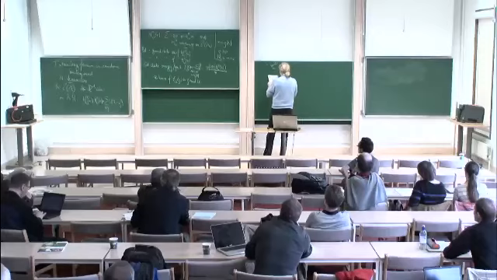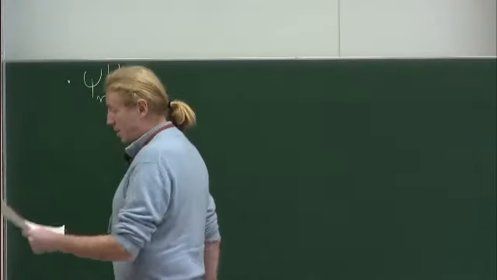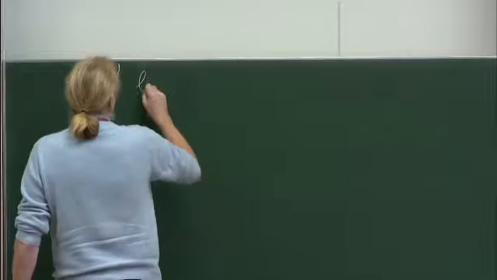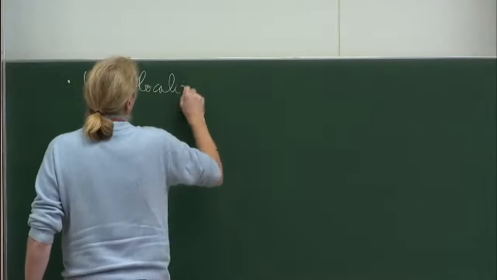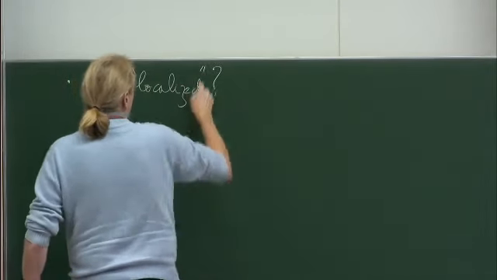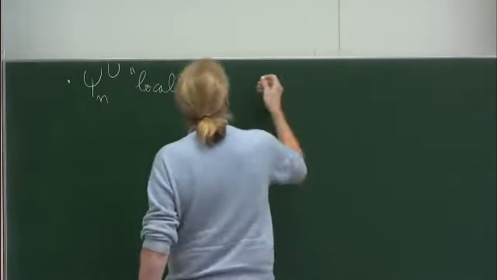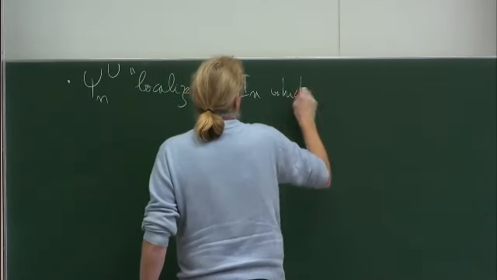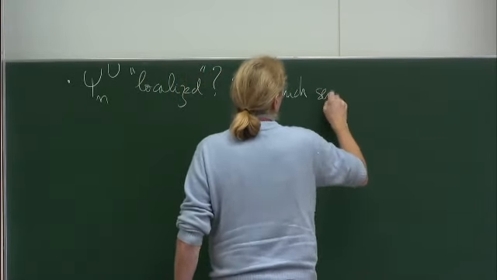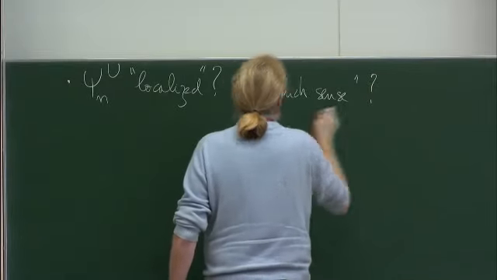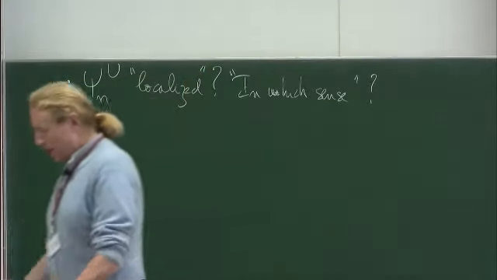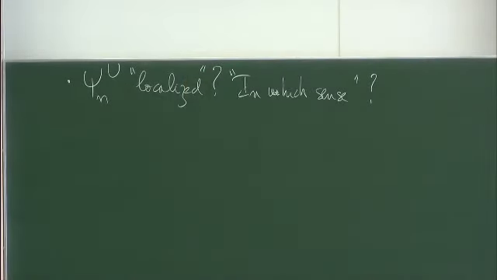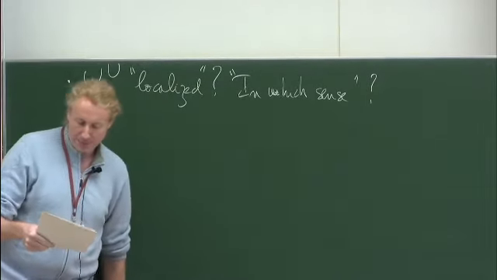It's not completely trivial that there is a unique ground state, that it is non-degenerate. And we'd like to understand whether this thing is localized, whatever this means. That's another question. Okay, so which is the second question I've put on the board? In which sense? What does this mean actually? And you'll soon see when I go over to the model what I mean. Why this? It's not obvious what localized means for this n-particle Hamiltonian, right?